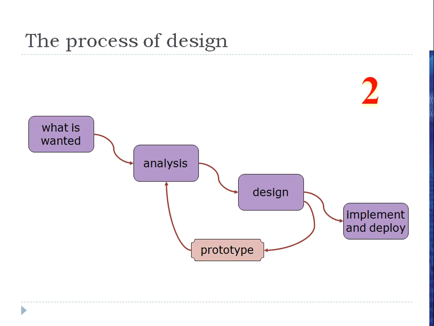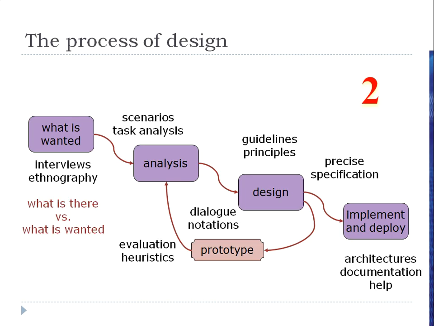The second thing we must know about interaction design basics is the process of design. What is the process of design? We must know what is wanted. To design a system, we must do requirement analysis, so we know what is wanted.